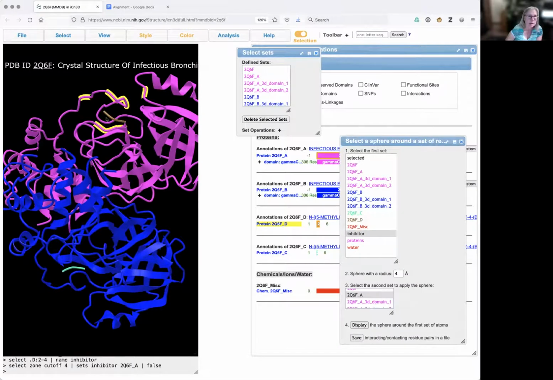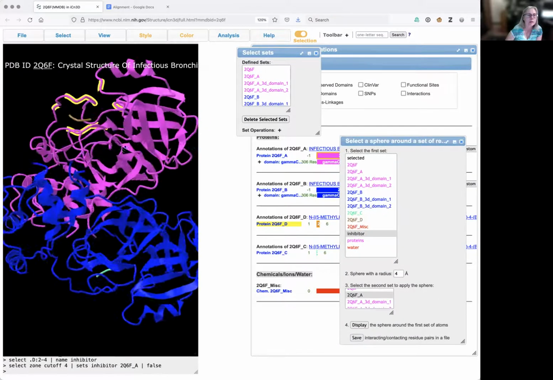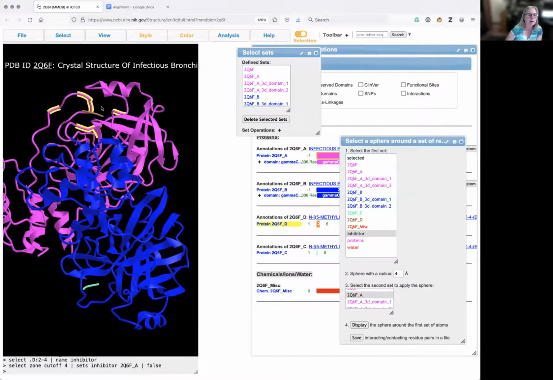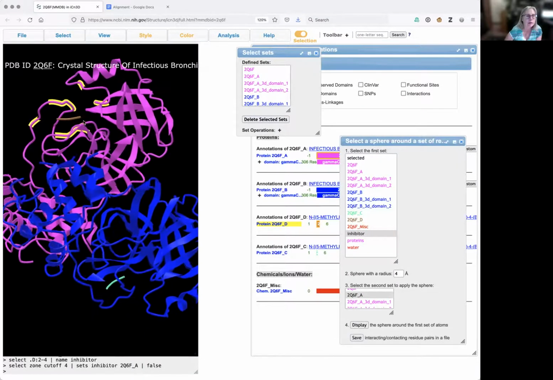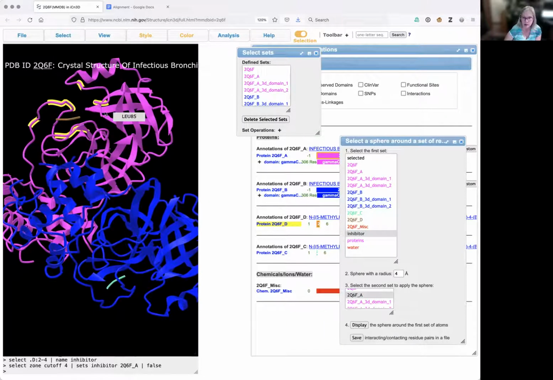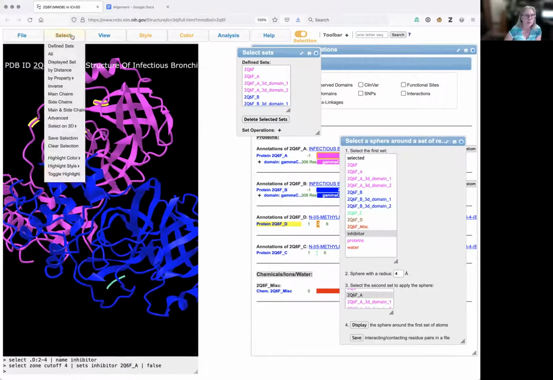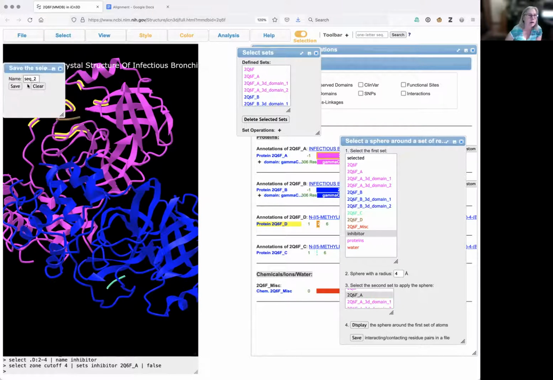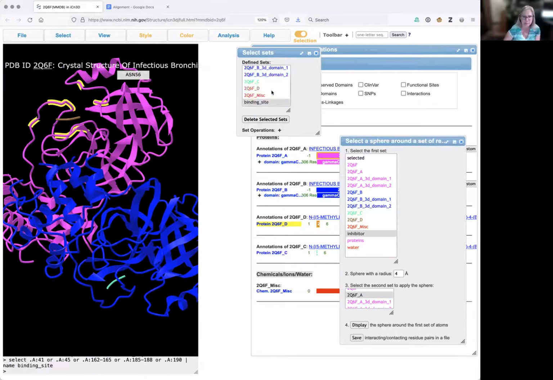You can see that I have selected amino acids that are close to this short brown peptide that I was looking at earlier. Again, I'm going to save the selection and give it a name that I'll remember. I'll choose Save Selection and call this binding site. You can see it's appearing here in my sets.